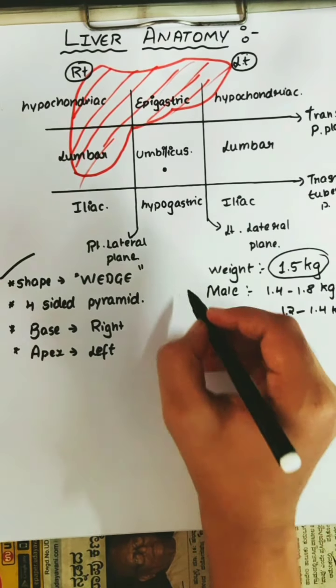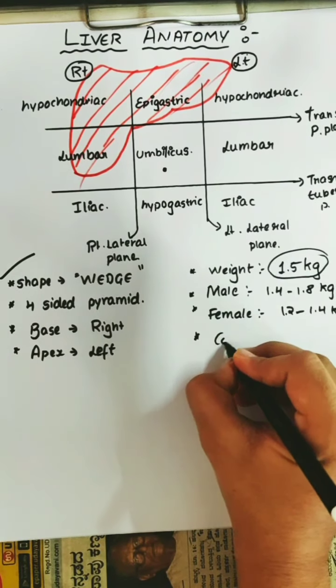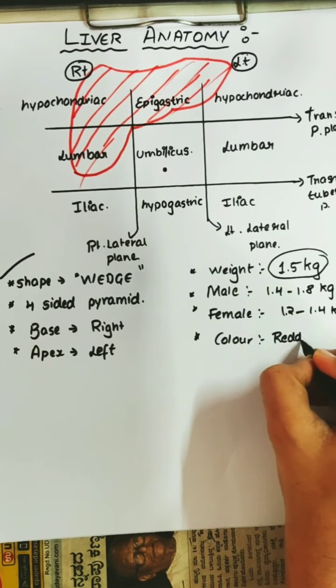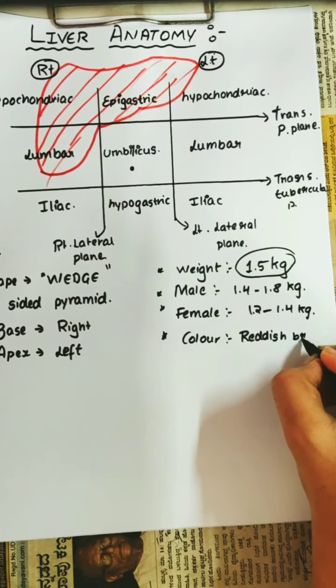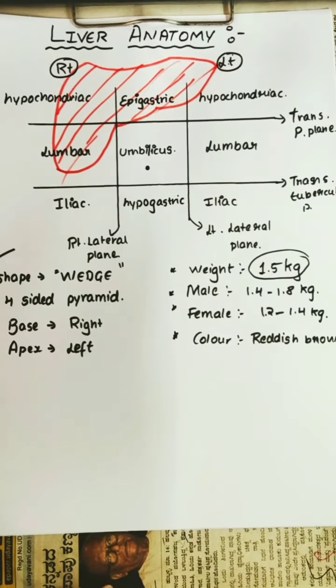Next, the color of the liver is reddish brown in color. So this is the general basis of the liver.